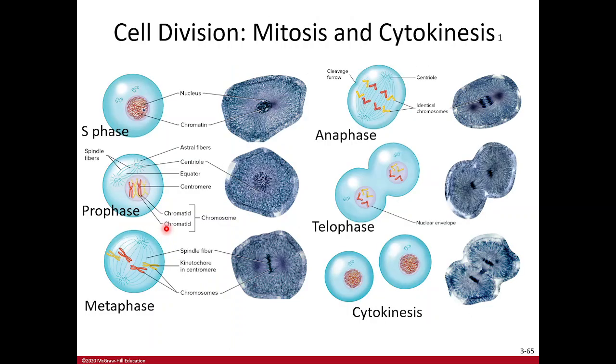So this is then the diagram of the mitosis and cytokinesis cycles along with the S phase. During S phase, you have this nucleus and this plasma membrane. And the nucleus can be seen visible in here, but this will be chromatin.